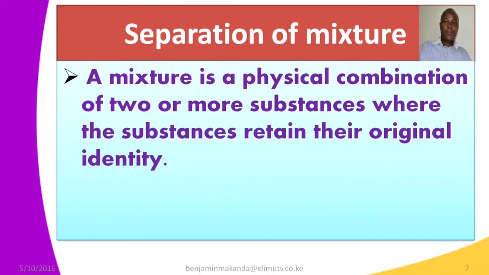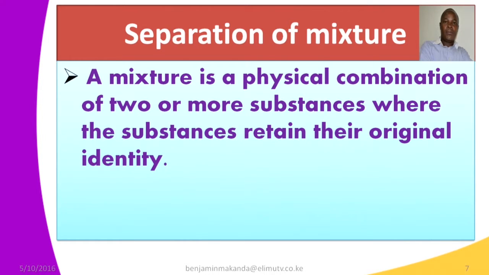They have not changed because as far as they have been combined together, there are two components or substances that have been combined together. The individual components retain their original identity. A bean remains a bean, a maize remains a maize. That's why we are saying a mixture is a physical combination of two or more substances where the substances retain their original identity.